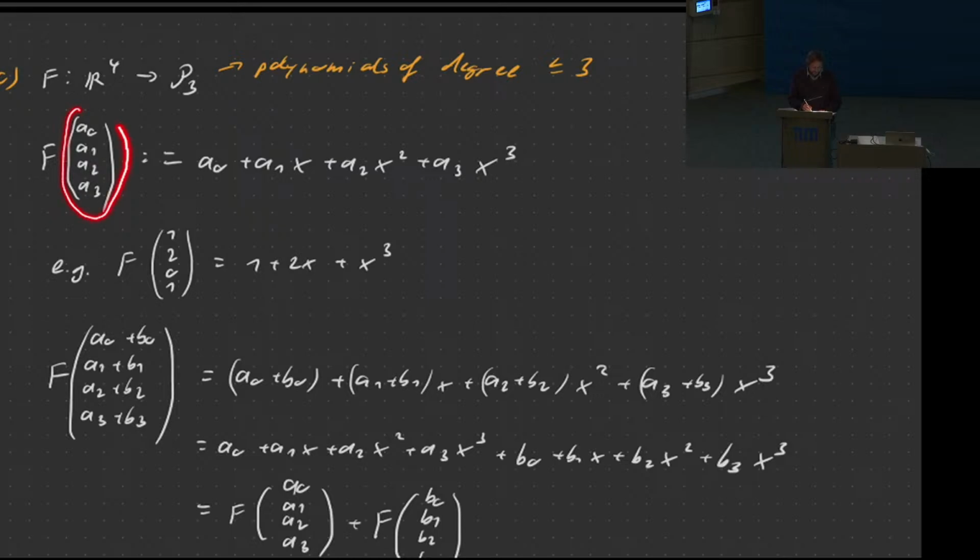So we use the entries in that vector as the coefficients of a polynomial. And that way we obtain a polynomial from a vector with 4 entries, and the polynomial will then have degree 3, because one of those coefficients is for the constant part of the polynomial. Right? For example, f of (1, 2, 0, 1) maps to 1 plus 2 times x plus 0 times x squared plus 1 times x to the third.